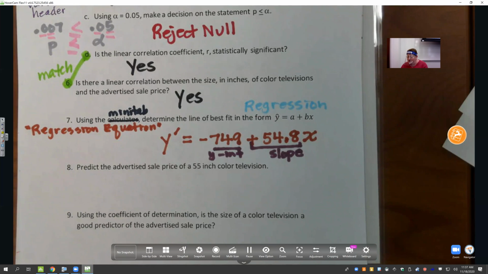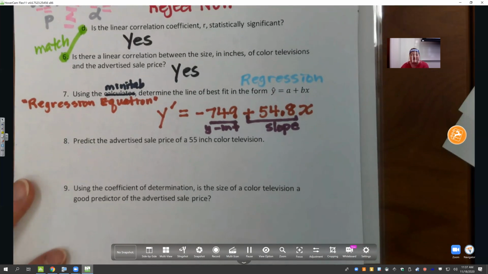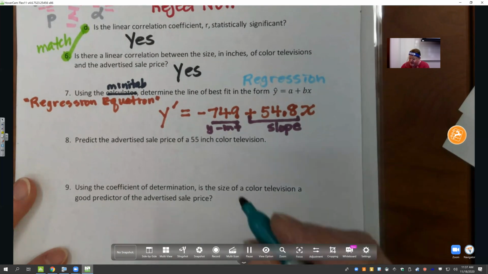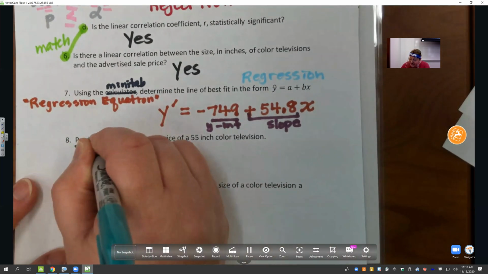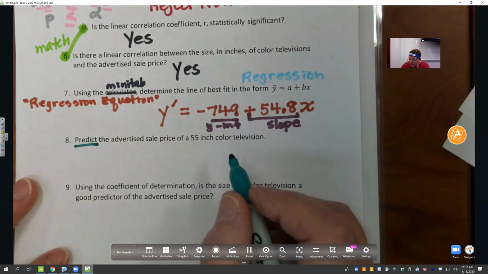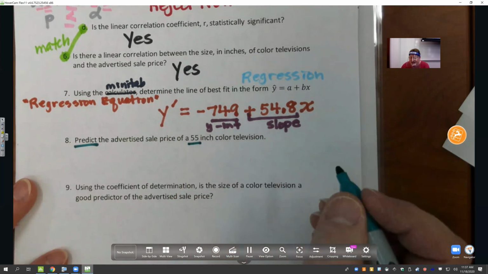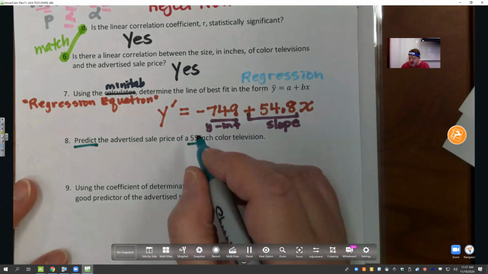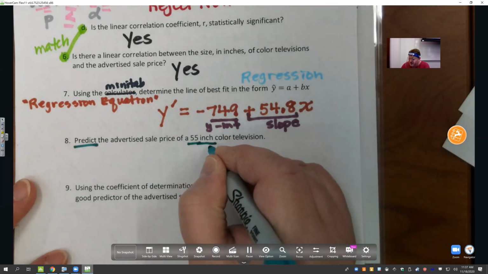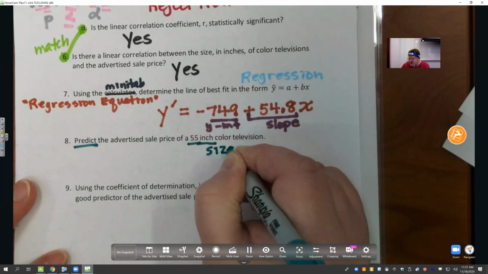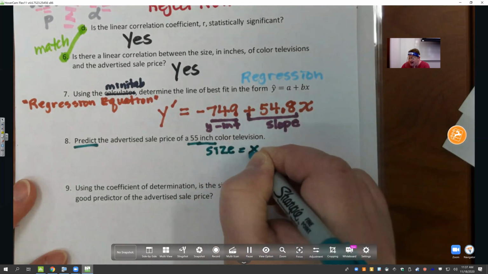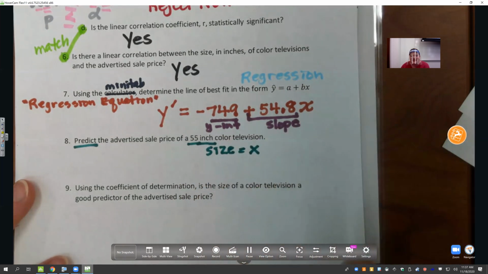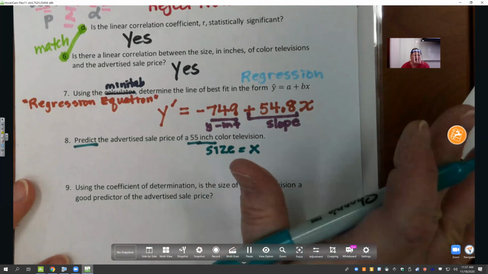Okay, so then once you have the model, you can use that model to make a determination. And they want us to predict, see, here's the prediction, when we have a 55-inch color television. Well, remember, the 55-inch is my size, which is X. Guys, it's a simple flat out plug and chug.